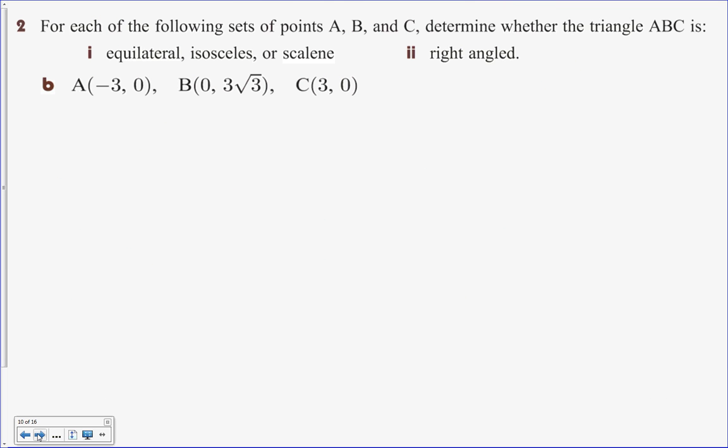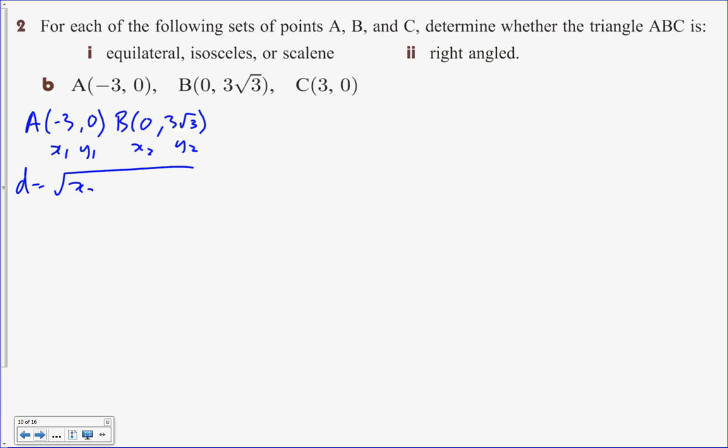Second one, let's work out this one here. So first of all, I'm going to work out AB. So A is negative 3, 0. B is 0, 3 root 3. So again, we go x1, y1, x2, y2. D equals square root x2 take x1 all squared plus y2 take y1 all squared.